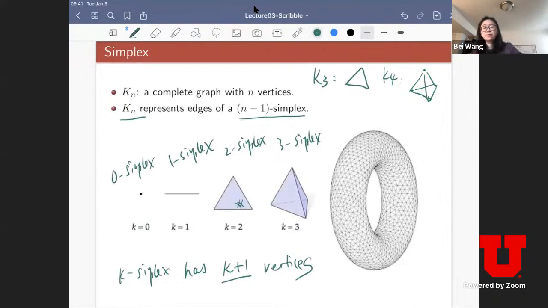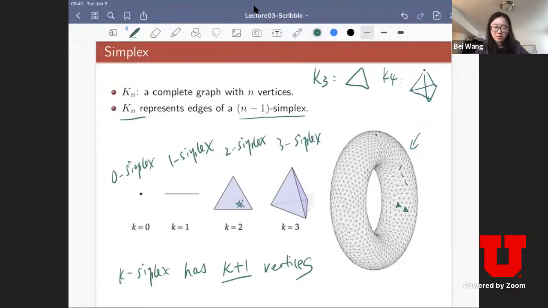And on the right-hand side, I'm showing you a triangulation of a torus. Here, the zero-dimensional simplices are the vertices, the one-dimensional simplices are those edges, and the 2-dimensional simplices are those triangles. The reason I'm giving this particular example is that this is how you typically represent a surface in the computer: as a collection of vertices, edges, and triangles.